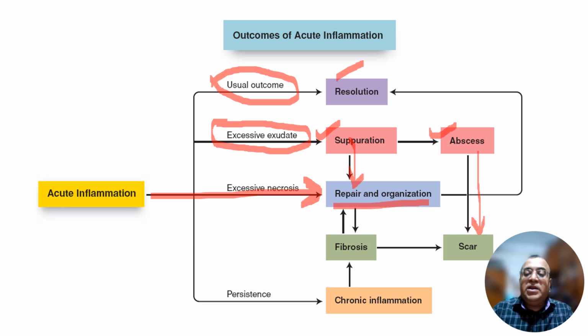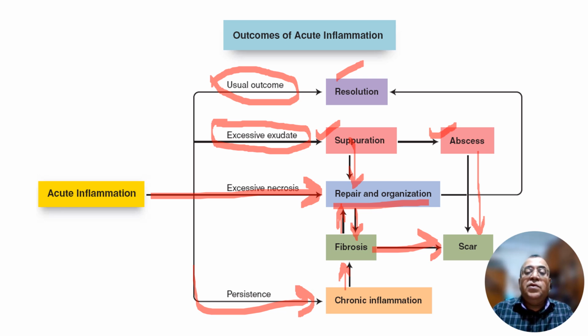Because a large amount of tissue is destroyed, this repair or organization is through the process of fibrosis, or inflammation may persist and result in chronic inflammation. This chronic inflammation can also result in fibrosis and lead to development of a scar.